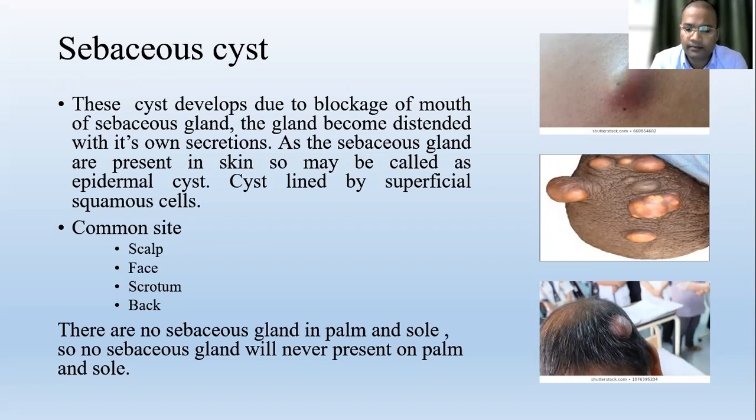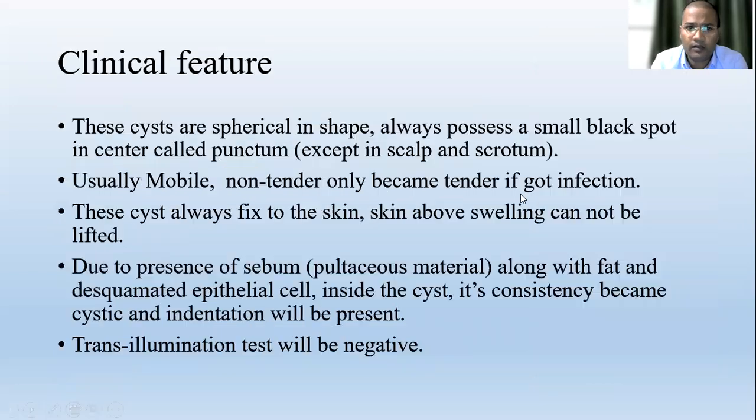Keep remembering it. The clinical features of the cyst include that it will be spherical in shape, and it is present in the skin. These sebaceous cysts are present in the skin, so you cannot separate the skin from this cyst.